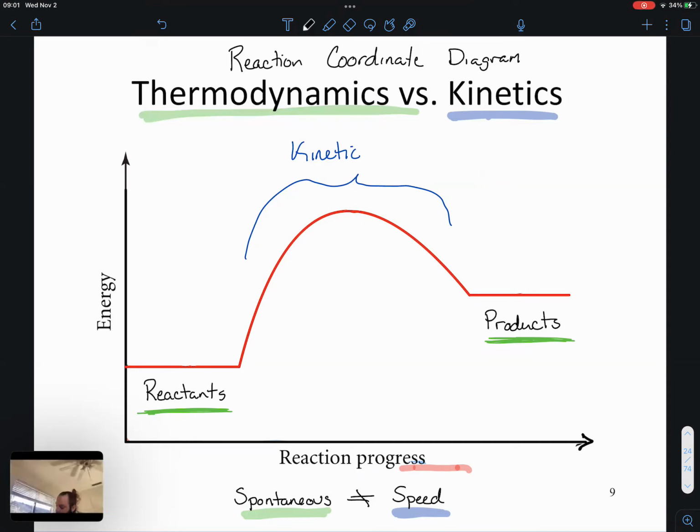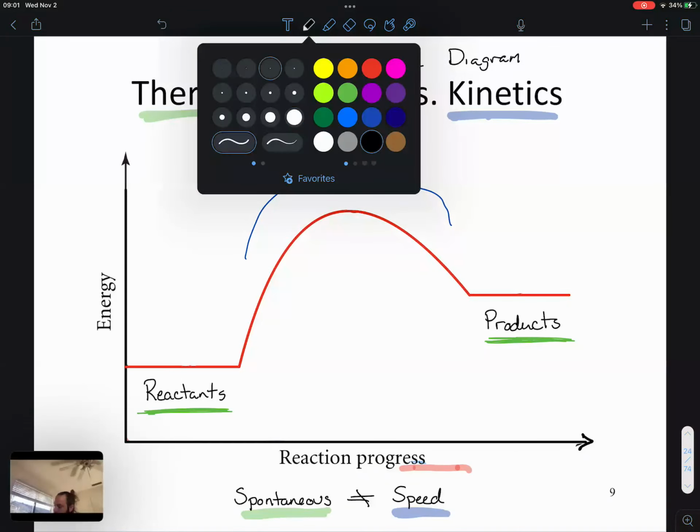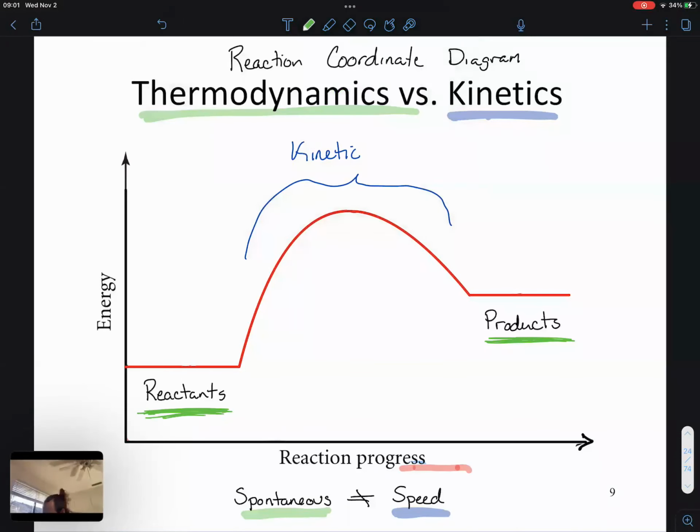And looking at these reaction coordinate diagrams, these represent the progress of a chemical reaction in terms of the energy, starting at a certain energy for your reactants, and then ending at a certain energy for your products. We said that that was all that thermodynamics concerns itself with. We talked about how these thermodynamic functions were state functions, so they only really care where you start and where you end, not what happens in the middle.